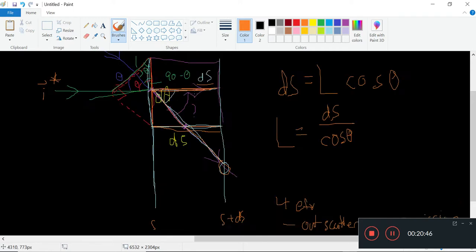So emission and inscattering can happen from here to here.